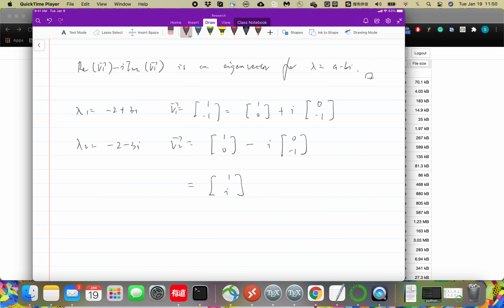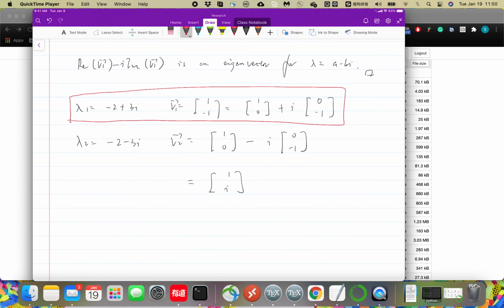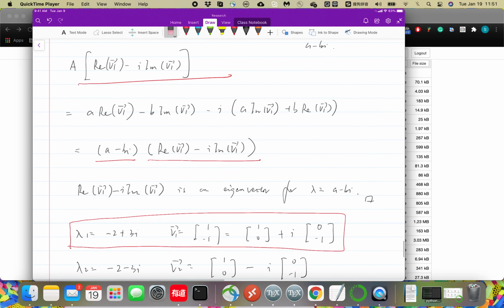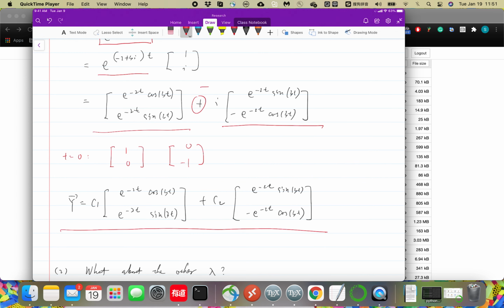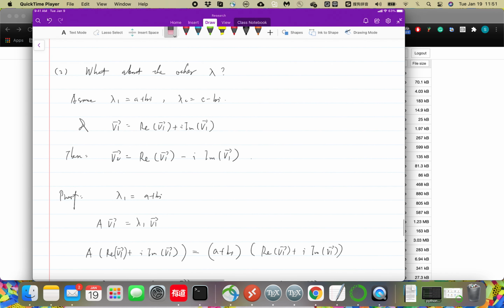If we already know everything about the first eigenvalue and eigenvector, we can get everything with regard to the second eigenvalue and eigenvector by flipping the sign involving the I. So plus 3i become minus 3i. Plus I, 0, negative 1 become minus I, 0, negative 1. So you do it for a second time. If you just want to do everything for here, you can try by yourself. You will get exactly the same real and imaginary solution here, except this is going to be a negative sign. But you only care about the real and the imaginary part. You don't care about how they are connected. Therefore, you will still have the same solution. So doing the whole thing for one complex eigenvalue is enough to find both solutions.